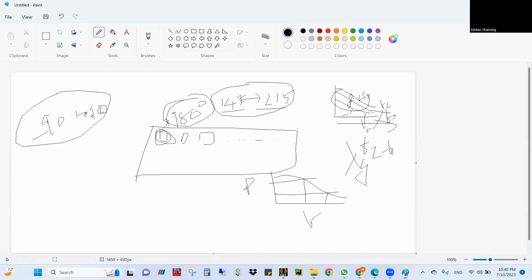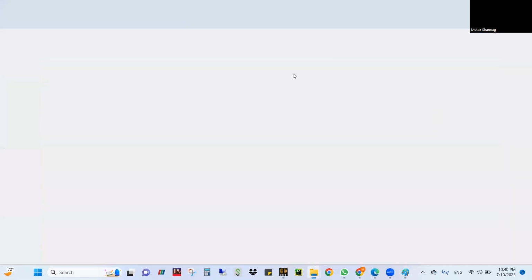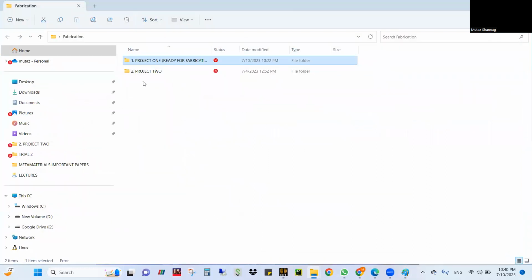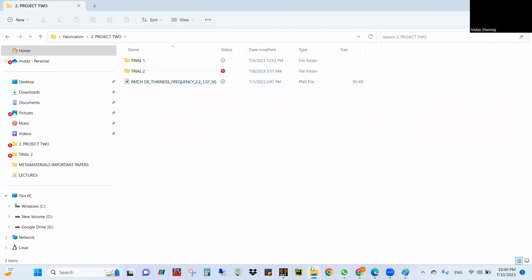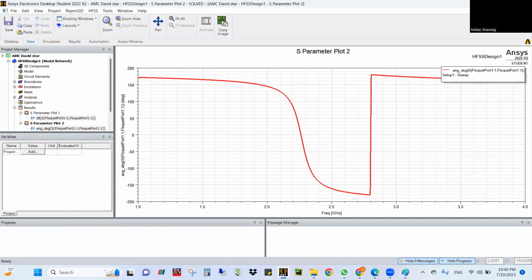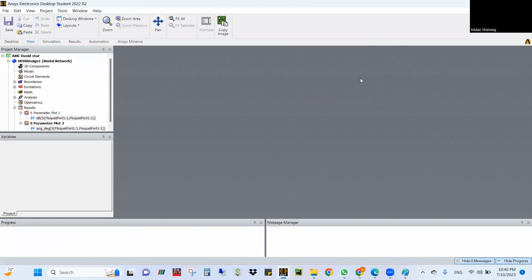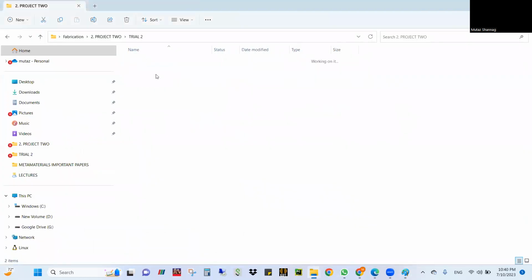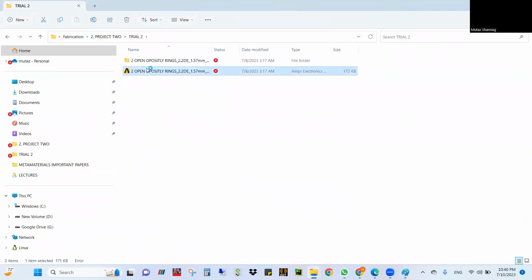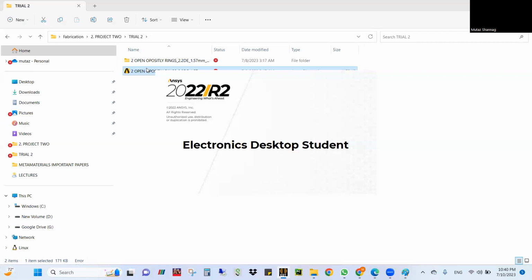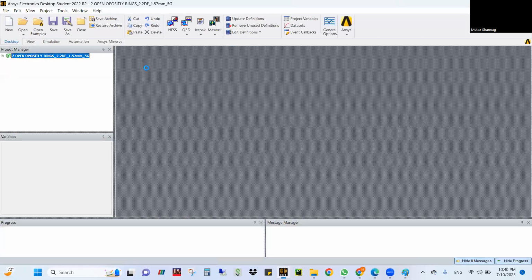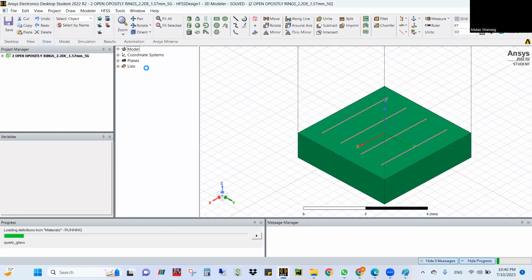Let me show you this unit cell I'm working on, straight to the point. I'll close this and open another one. You saw the unit cell, and then I made another one with 1.57 thickness at 5 gigahertz.